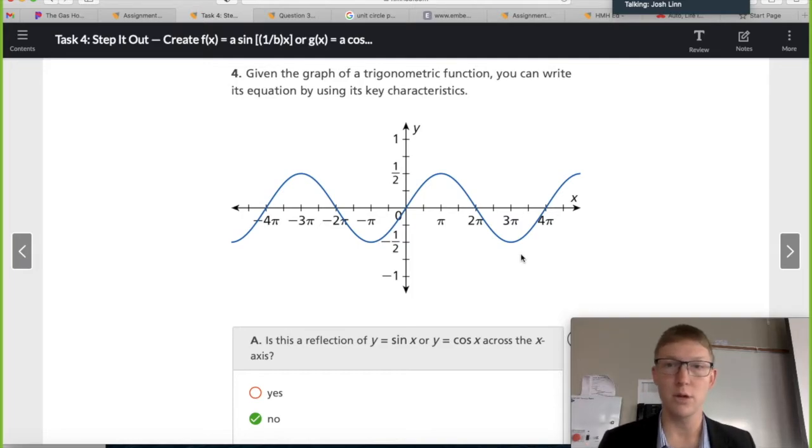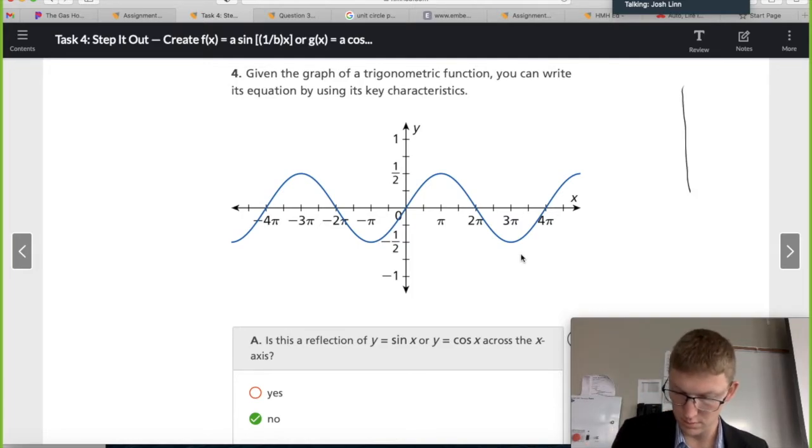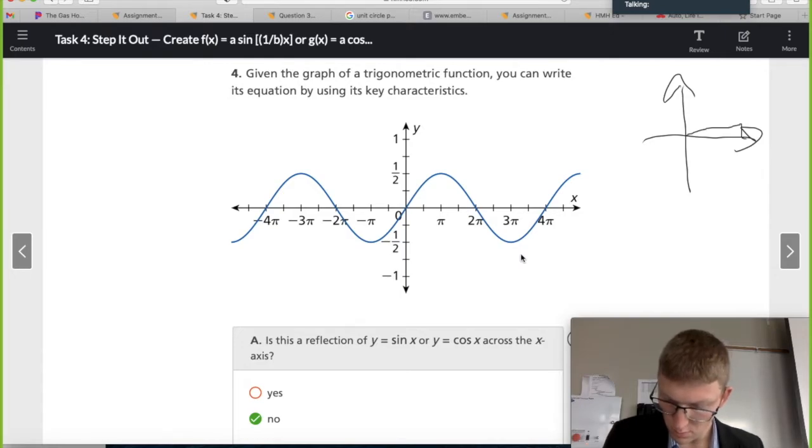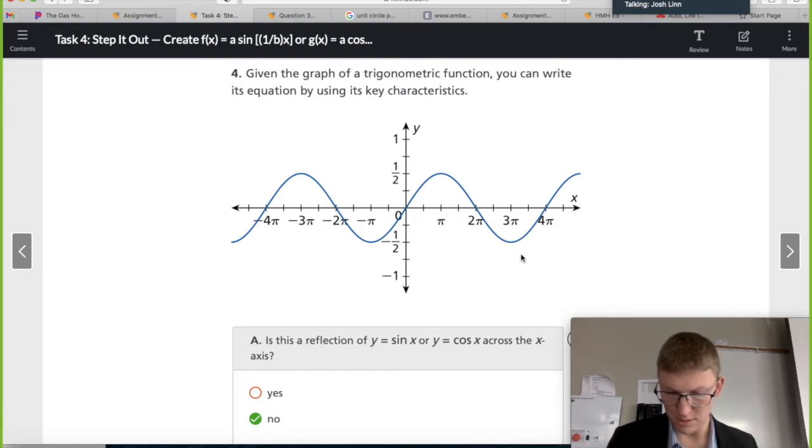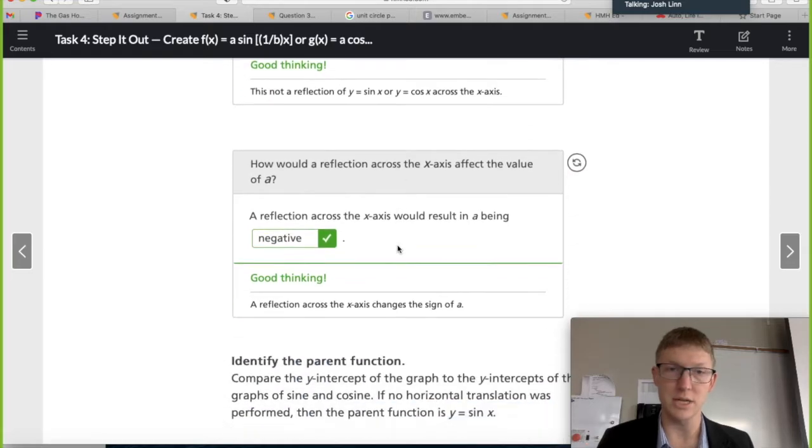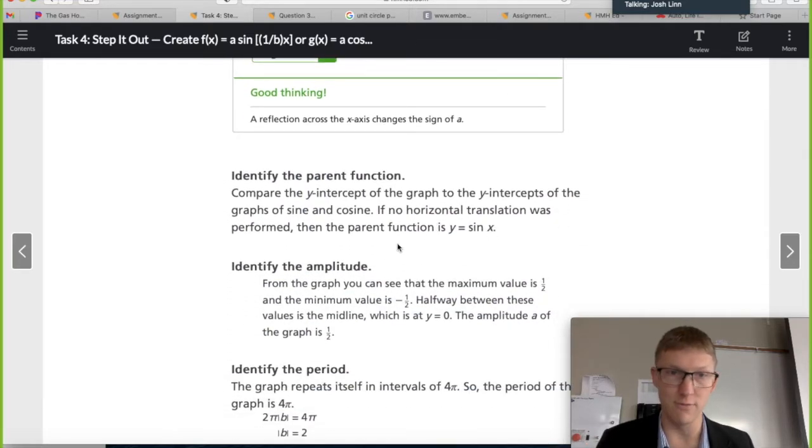If you think about our unit circle, when that little guy right there hits 0, that would be our sine, which is opposite over hypotenuse. So our sine function goes through the origin here. So our parent function is a sine wave.